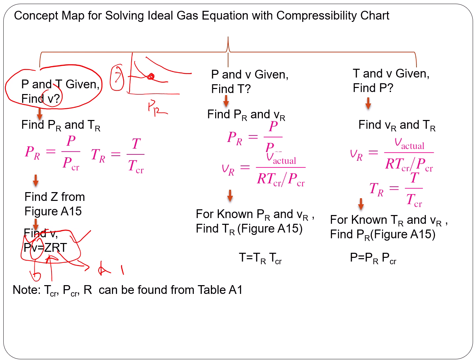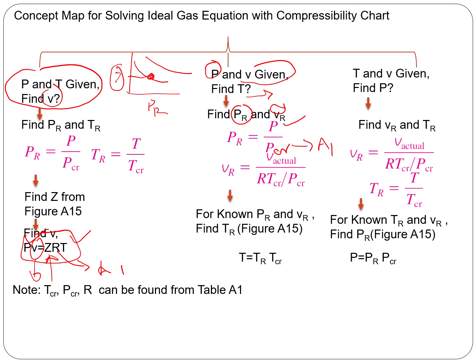The other option being pressure and volume is given in a problem and you need to find the temperature. Again, we need to make use of that compressibility chart. So find PR and VR. So PR is P by P critical, and the critical pressure can be found from A1.